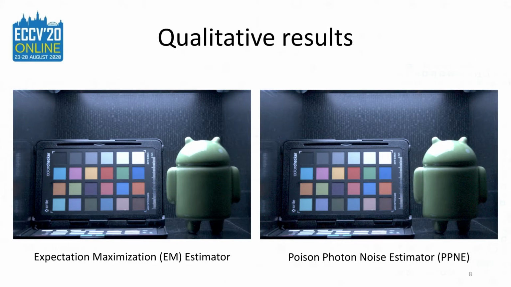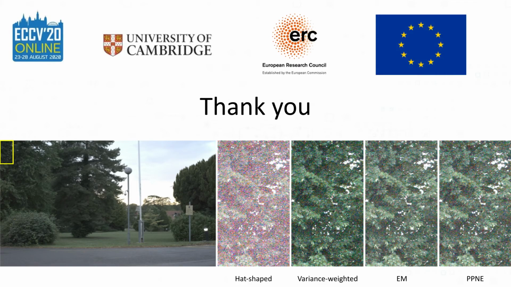Therefore, it can be used with any camera without prior calibration as long as the camera's noise characteristic is well explained by our model. Finally, additional experiments detailed in the paper indicate that the relative performance of PPNE does not degrade under different capture strategies and under increased noise, making it an attractive estimator for HDR imaging.